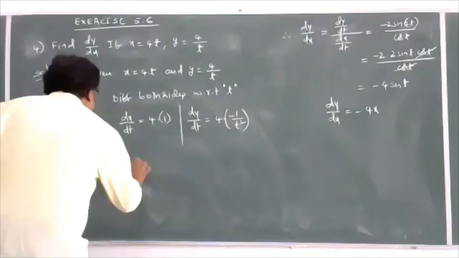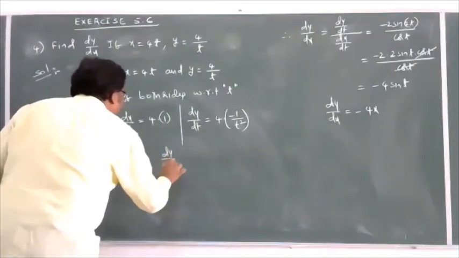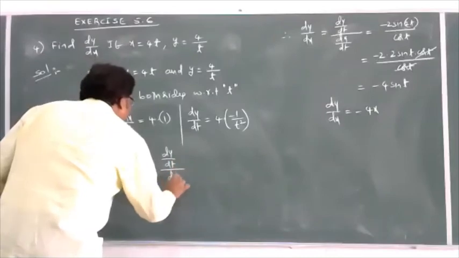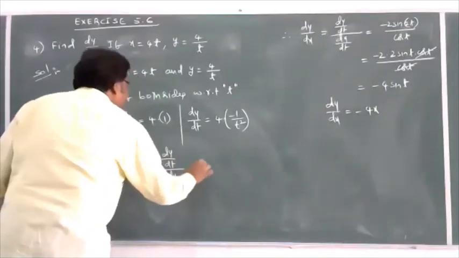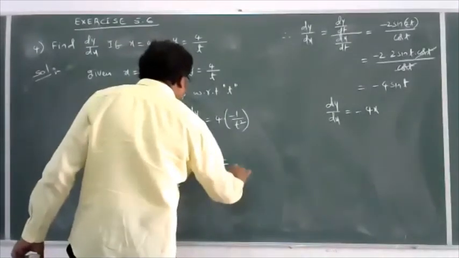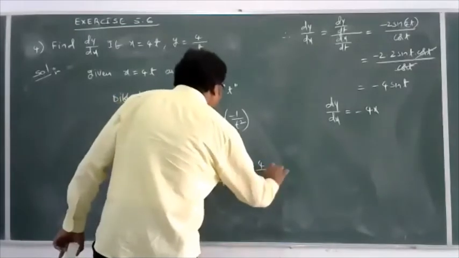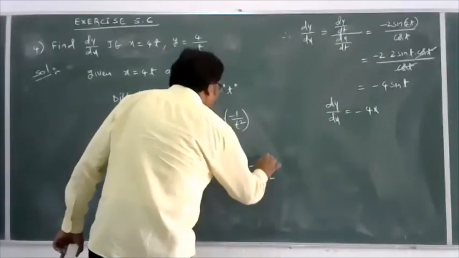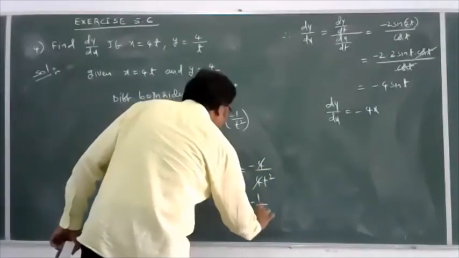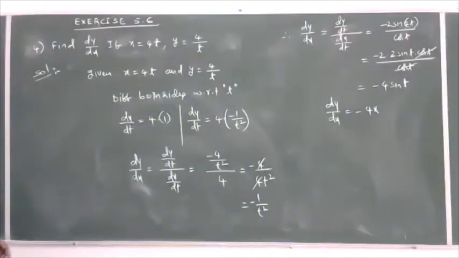So dy by dx is equal to dy by dt by dx by dt. dy by dt is minus 4 by t square, by dx by dt is 4, that is minus 4 by 4t square, 4 cancels, minus 1 by t square.